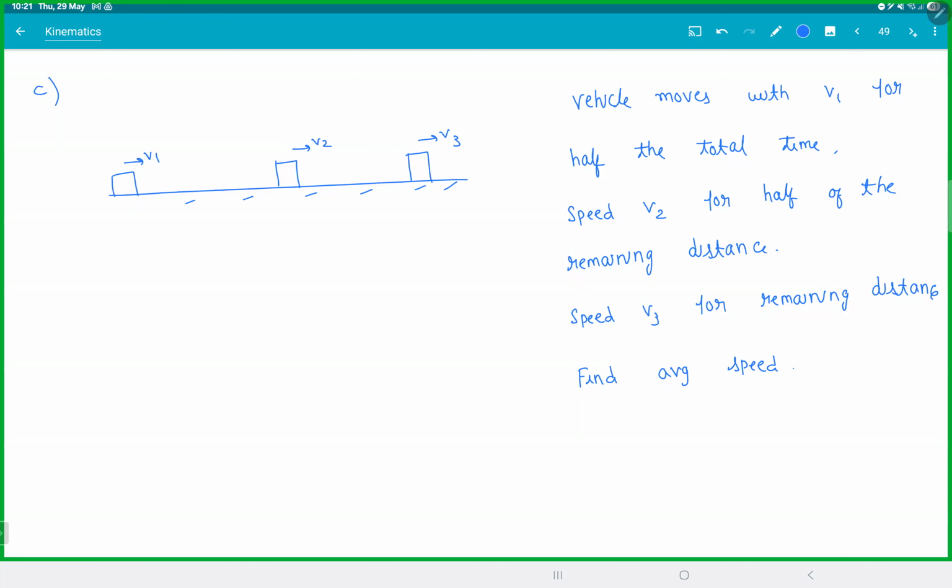I don't know the total distance. I don't know the total time. All that I know is V1, V2, V3 and the data points. Let's get this. Answer will be bad.